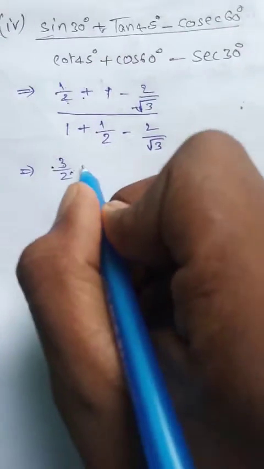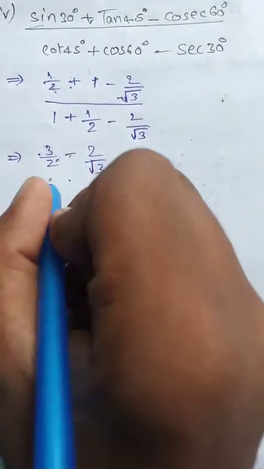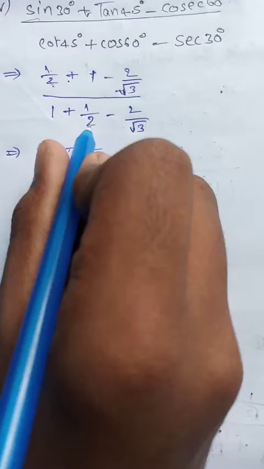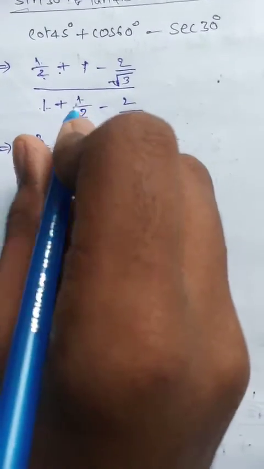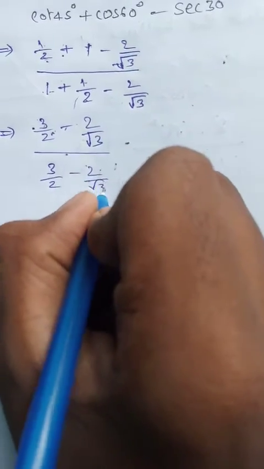Here also we write 2 by root 3 divided by the same, 2 ones are 2, 2 plus 1 is 3, 3 by 2. We simply write minus 2 by root 3.